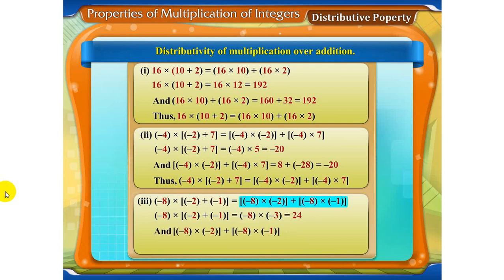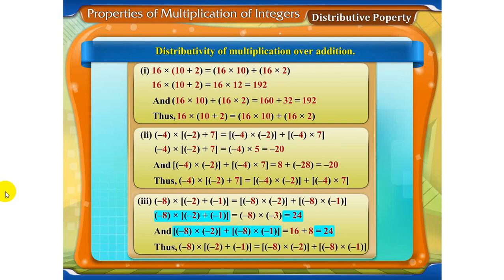And negative 8 multiplied by negative 2 plus negative 8 multiplied by negative 1 is equal to 16 plus 8, which is equal to 24. Thus, negative 8 multiplied by negative 2 plus negative 1 is equal to negative 8 multiplied by negative 2 plus negative 8 multiplied by negative 1.